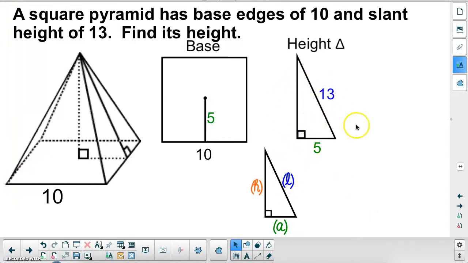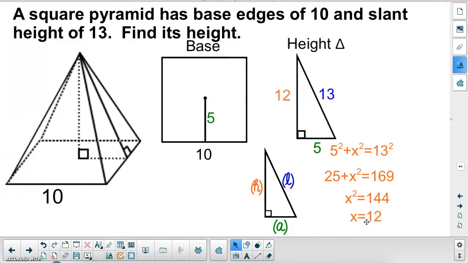So now we're just going to use Pythagorean theorem to find that third side to find the height. So we have 5 squared plus x squared equals 13 squared. So 25 plus x squared equals 169. Subtract 25 from both sides to get 144.